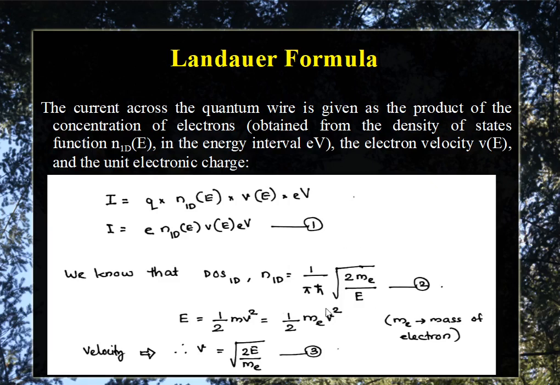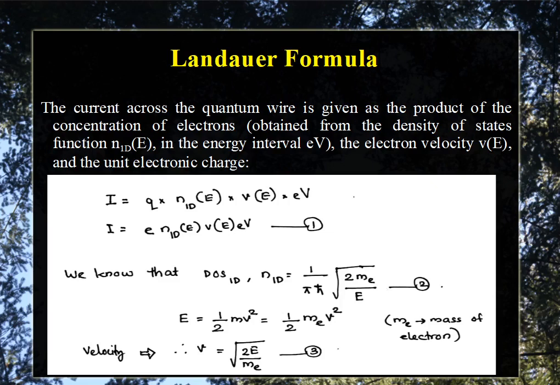When we derived N1D in module 1, we considered that the electron was spinning, so electrons had 2 states, and we substituted a factor 2 to represent the spin.